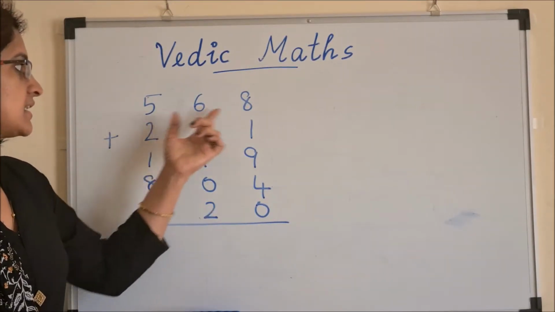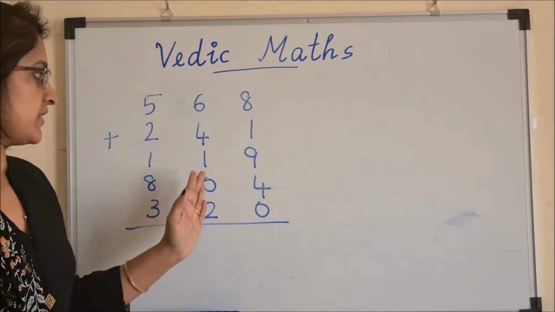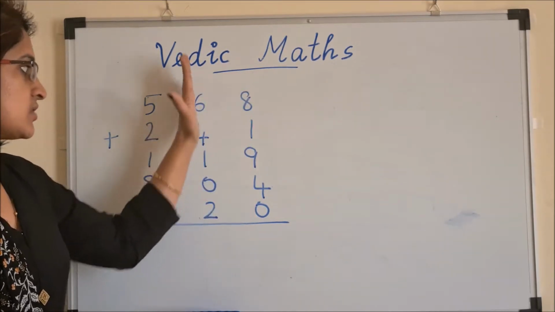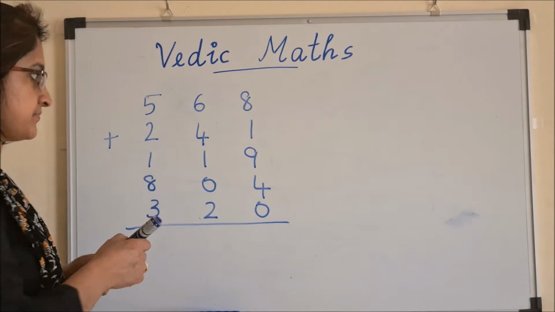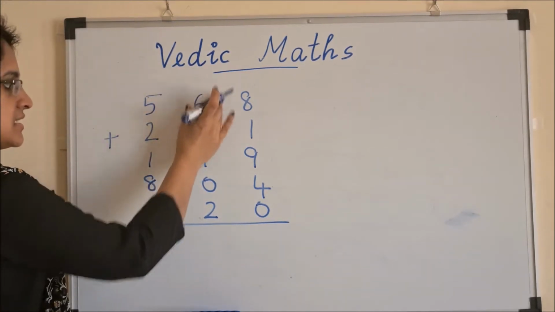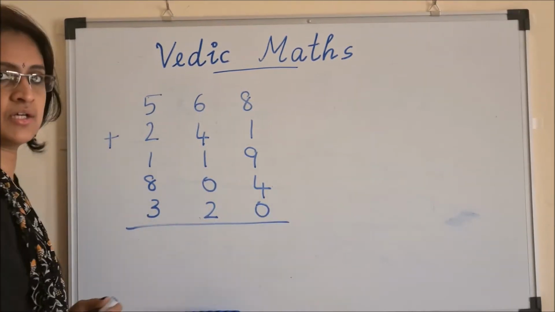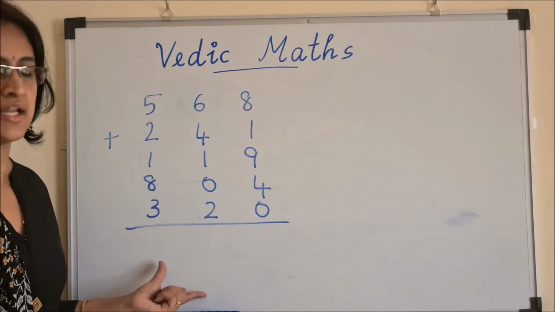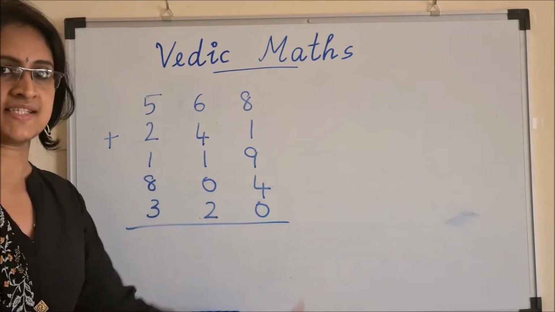So here are our numbers. As you can see, there are 3 digits and we are going to add each set of digits separately. This is one, this is another, this is yet another one. So we get 3 answers, and how the balancing rule is applied we will see.